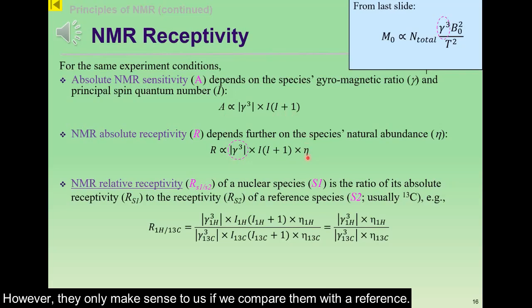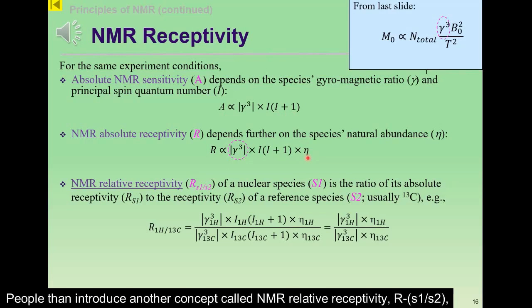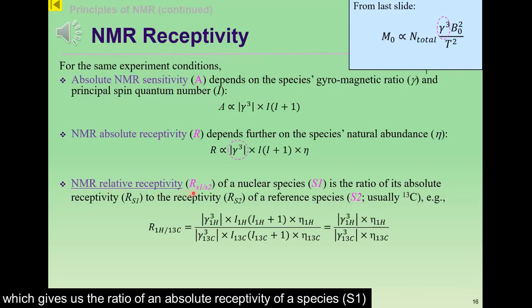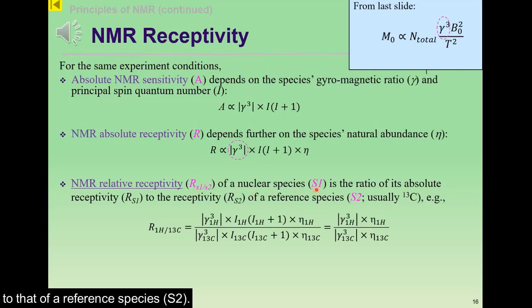However, they only make sense to us if we compare them with a reference. People then introduce another concept called NMR relative receptivity, R S1 over S2, which gives us the ratio of an absolute receptivity of a species S1 to that of a reference species S2.